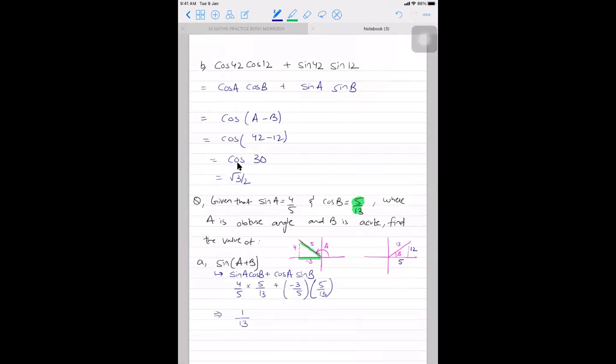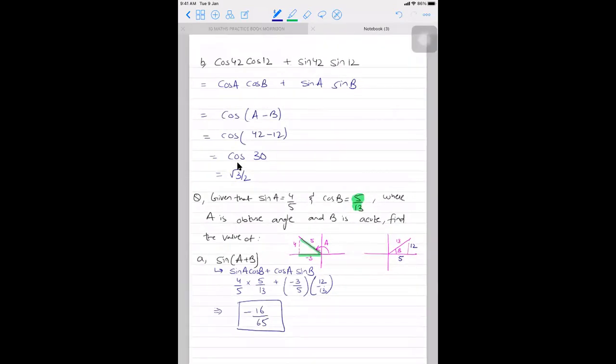Yes, sir. Now, if I solve the first part, sine of A plus B, sine of A is fine, cos of B is going to be 5 over 13, plus cos A is minus 3 over 5 and sine B is going to be 12 over 13. So if I resolve this question, I should get 20 minus 36. It's going to be minus 16 over 65 for this part.